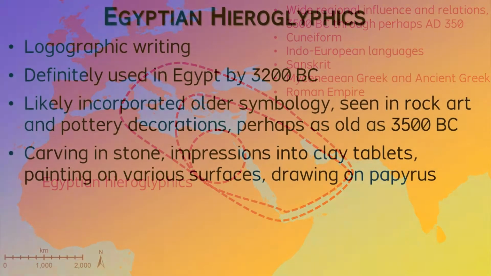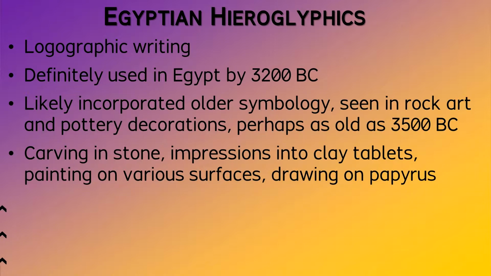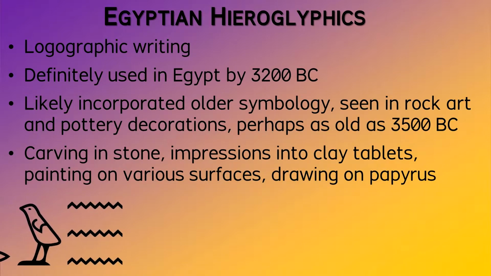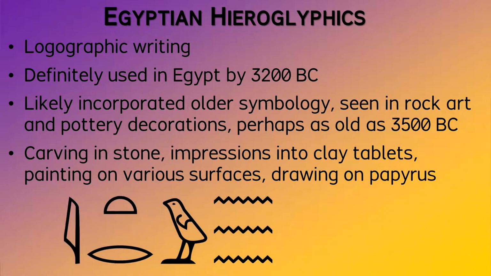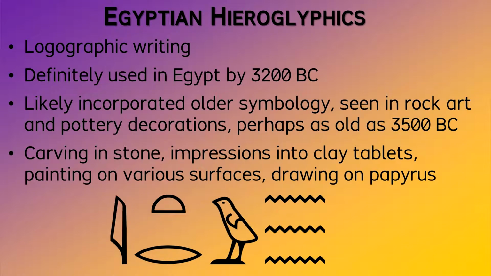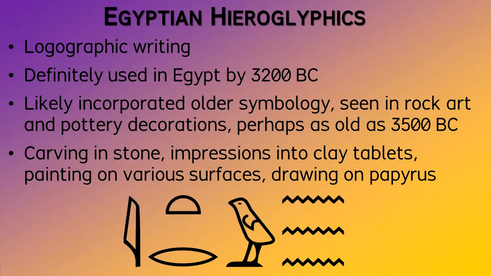In Egypt, the oldest known hieroglyphic writing has been dated close to 3200 BC, slightly younger than the oldest known cuneiform. The oldest forms of hieroglyphics definitely were logographic, using picture-based symbols for representing whole words or concepts.